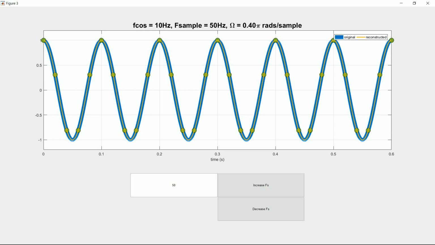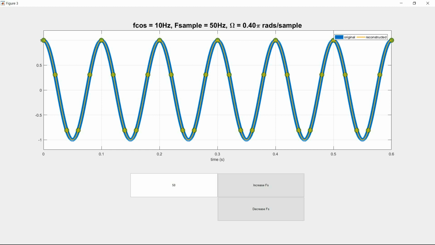As long as the blue and the orange are the same, that means I had enough samples. So I can reduce the sampling rate and see whether the samples from that reduced rate are still enough to rebuild my cosine. Right now it's a 10 Hertz cosine, sampled at 50 Hertz.